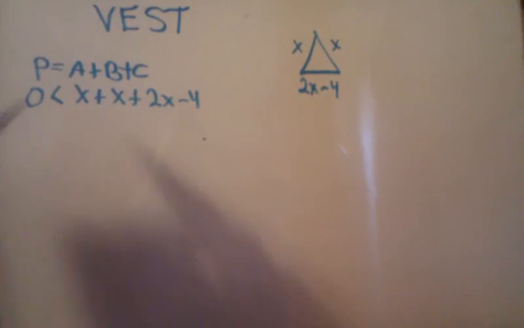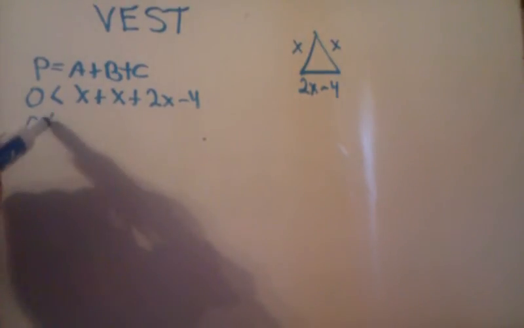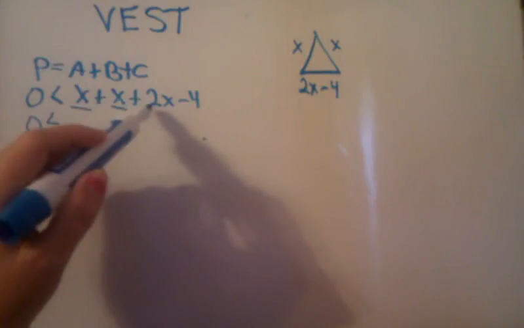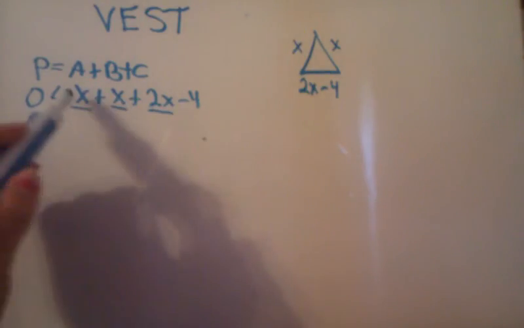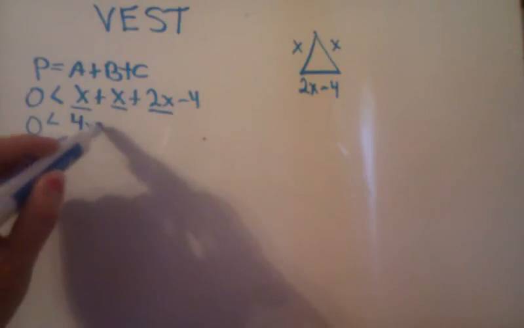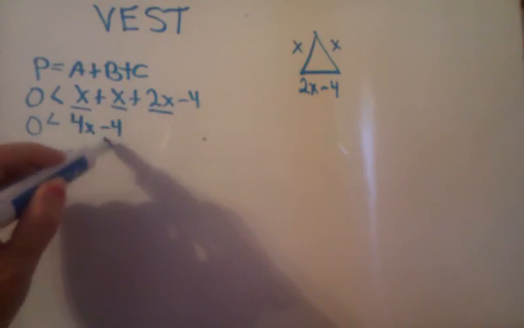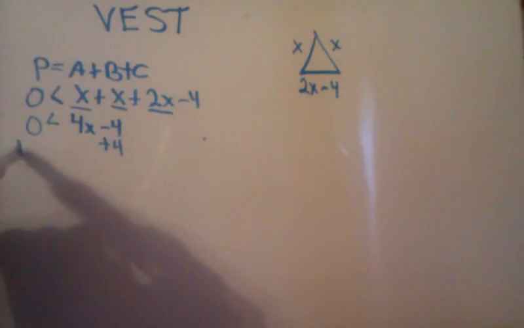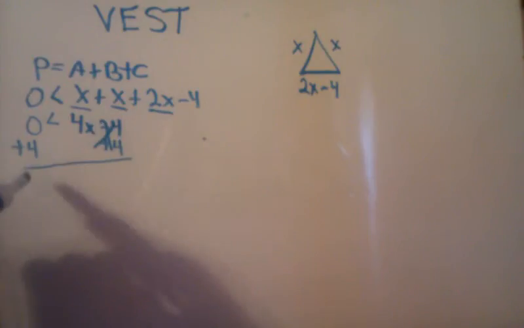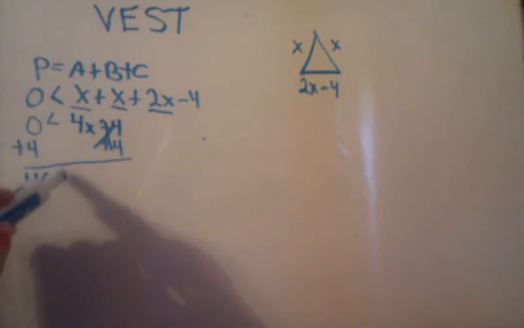So 0 is less than, I have to combine like terms. There's an x, there's another x, and 2x. So 1 plus 1 is 2, plus 2 is 4x minus 4. Add 4 to both sides: 4 is less than 4x.